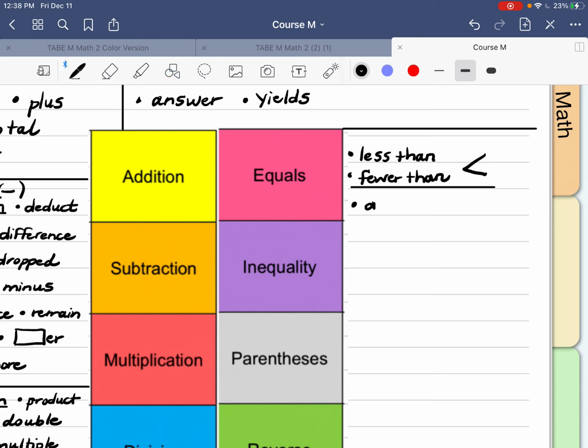Greater than or more than go with this symbol. With the greater than and that symbol, you can also have one more. Exceeds.